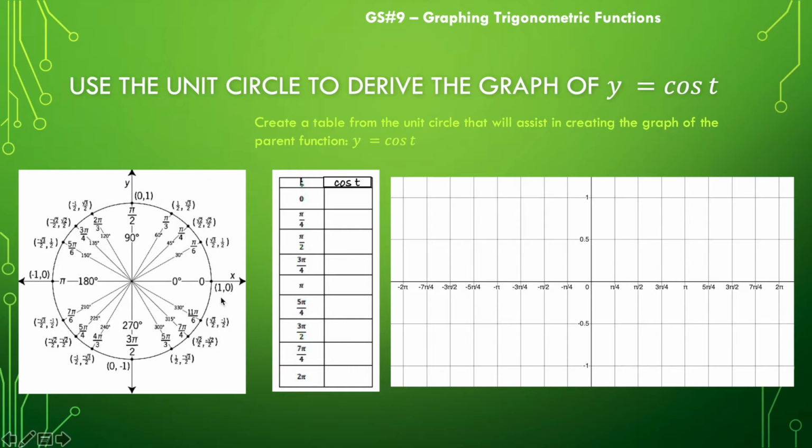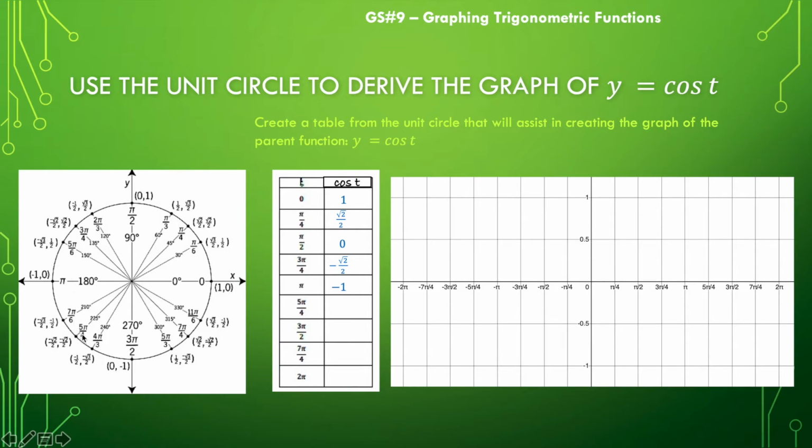So here at 0 radians, the x coordinate is 1. At pi over 4 radians, the x coordinate is root 2 over 2. At pi over 2 radians, the x coordinate is 0. At 3 pi over 4 radians, the x coordinate is negative root 2 over 2. At pi radians, we have an x coordinate of negative 1.